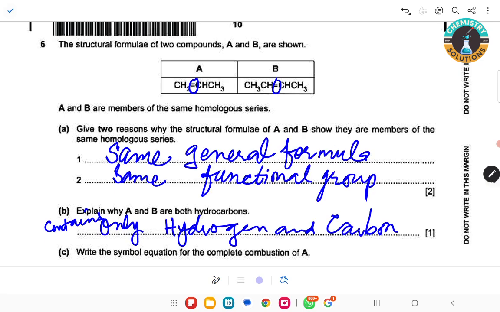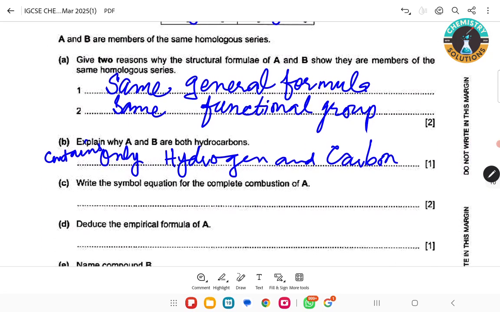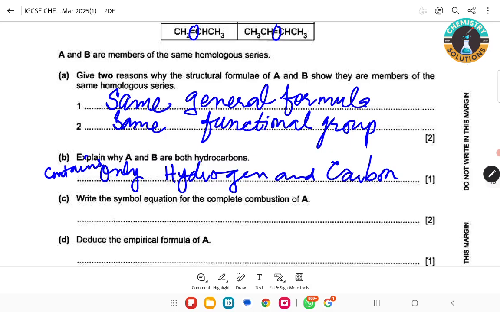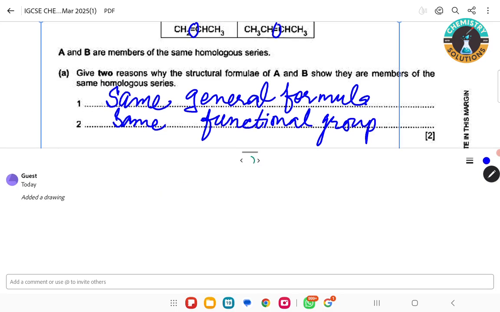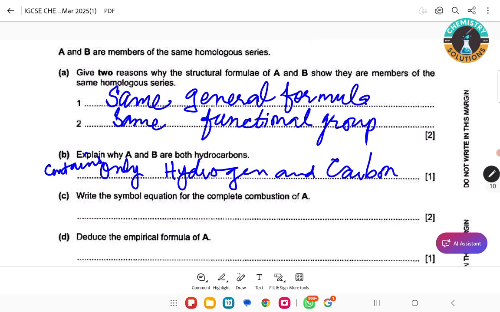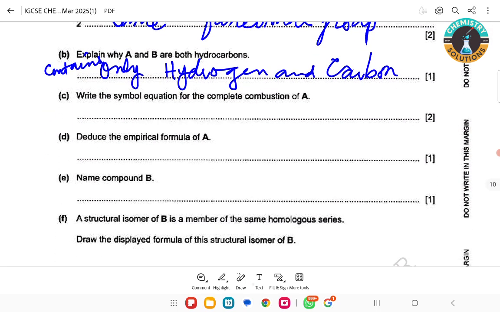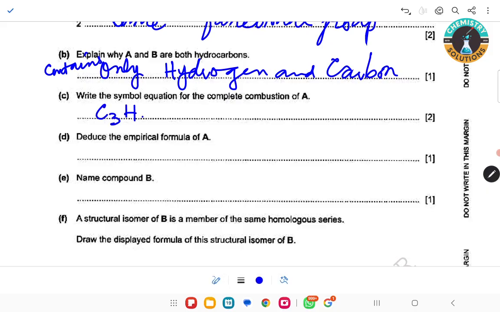Write the symbol equation for the complete combustion of A. We have C3H6 plus O2 gives CO2 plus H2O. Let me balance this equation.